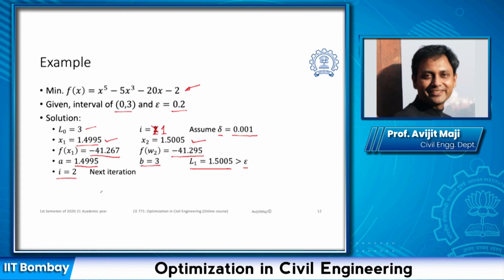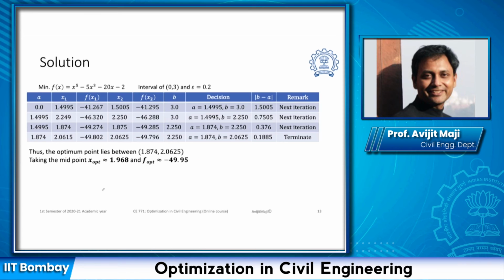Now we are presenting this solution process in a tabular form. In this table, the objective function is here, the interval is here, and the precision level is here. Our lower boundary is this and the upper boundary is this.